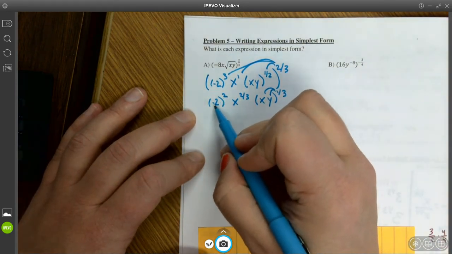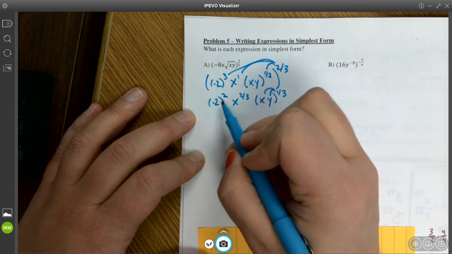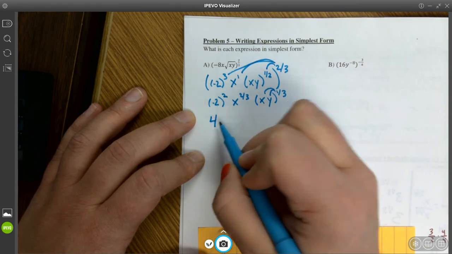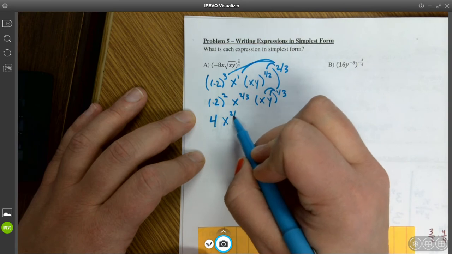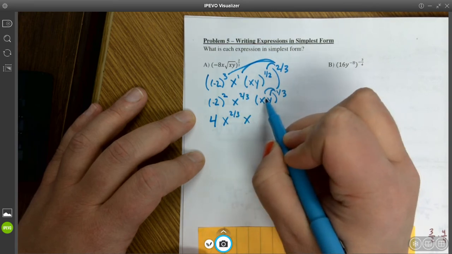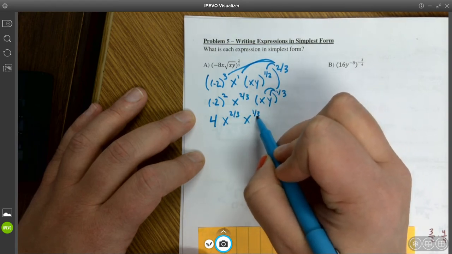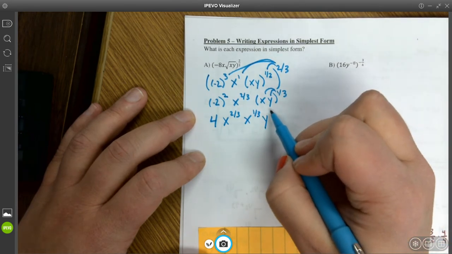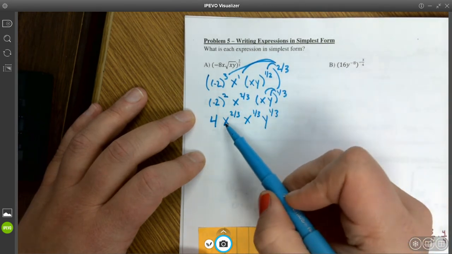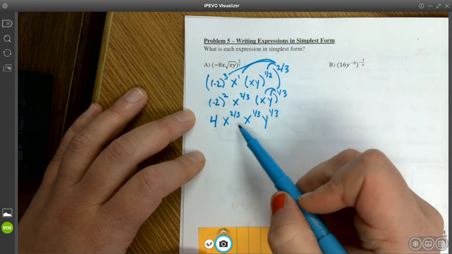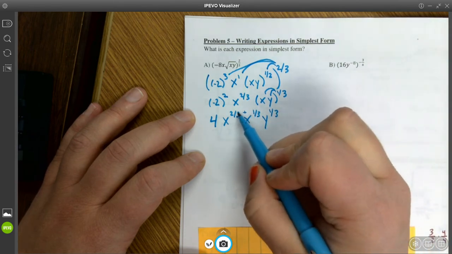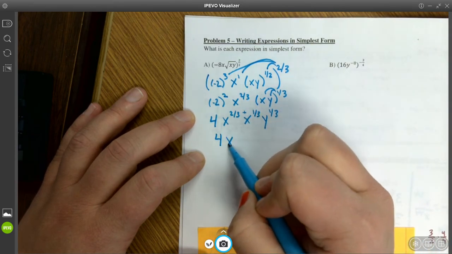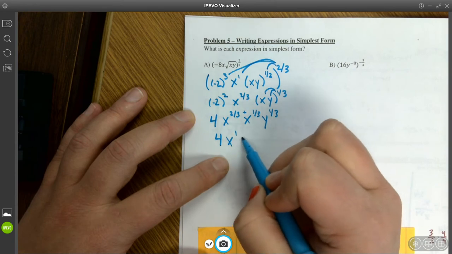So I'm going to rewrite this right here because negative 2 squared, I can redo that, which is 4. I still have this x to the 2/3. This becomes x to the 1/3. This becomes y to the 1/3. Same base, I can add these two exponents. 2/3 plus 1/3 is 1.